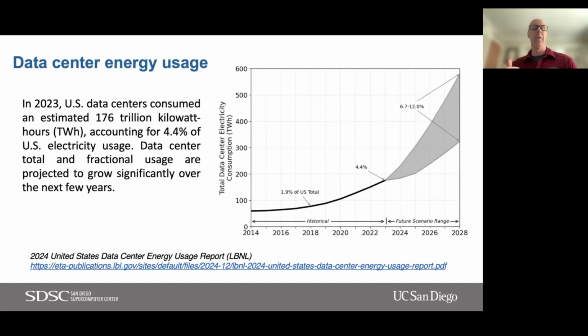And that accounted for about 4.4% of US electricity usage. So I know that scientific and academic computing might be a relatively small portion of that, but still we do use a lot of energy. So I would love to see everybody make their codes more efficient and get more science done per kilowatt hour.